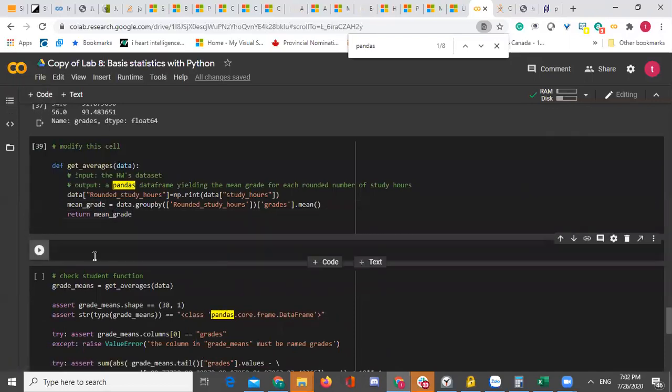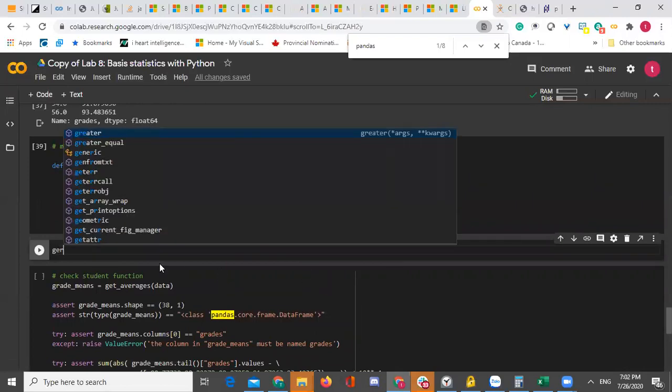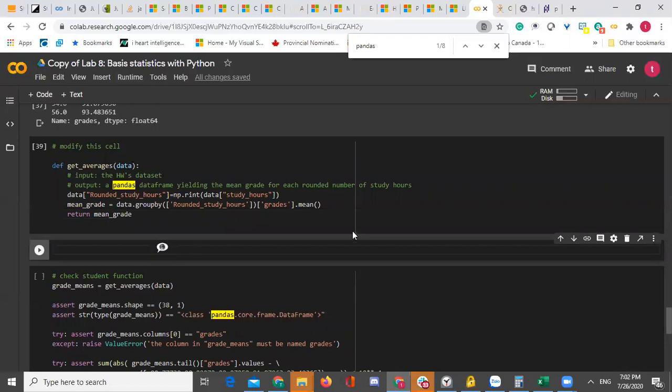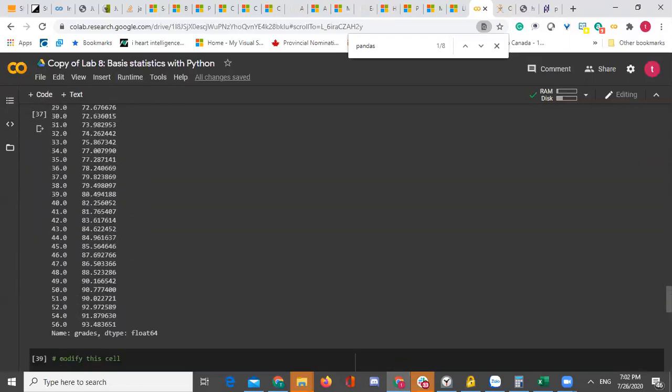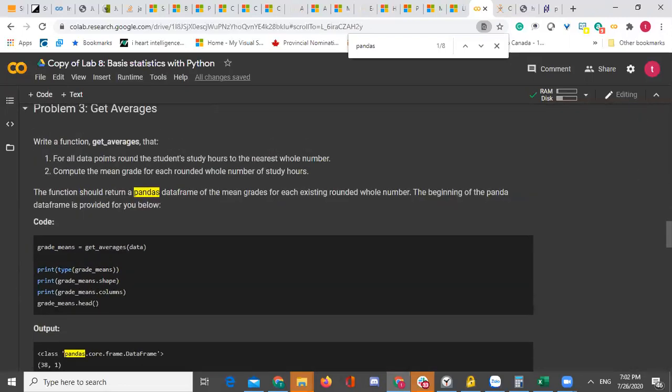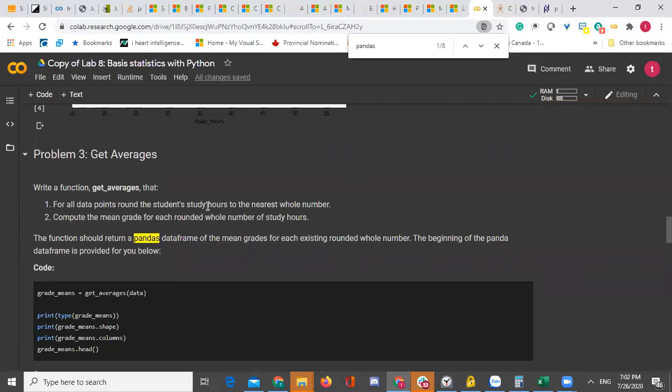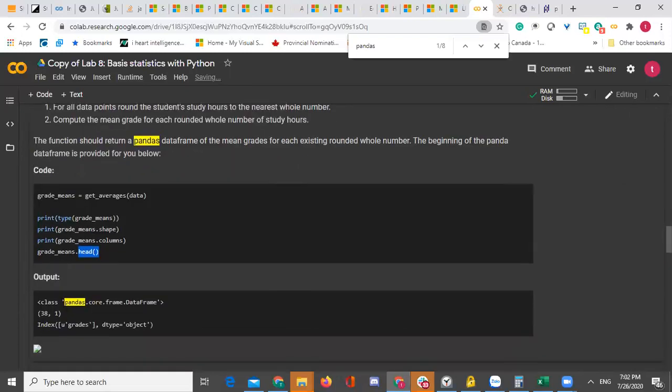Go to the instructions to see how it should return the result. Print for each rounded whole number. Oh no, we got it. I think we are all right, right?